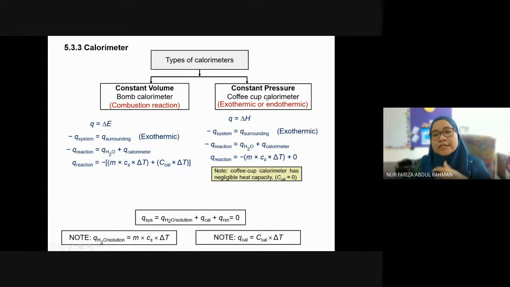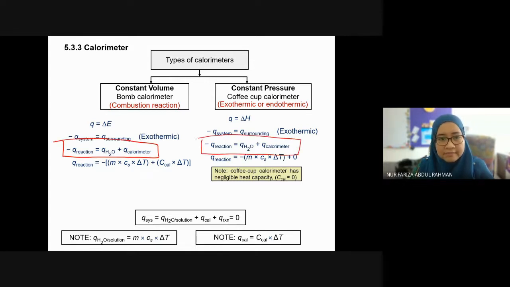Same goes to the coffee cup calorimeter. You are going to be using the same relationship here. It's just that sometimes this one can be H2O, sometimes it can also be solution. So it depends on the information given to you.